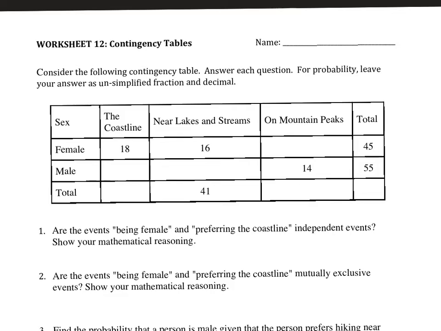All right, this section we're going to talk about contingency tables, sometimes known as two-way frequency tables. As you notice here, we basically have a frequency table, but now we have two different categories.